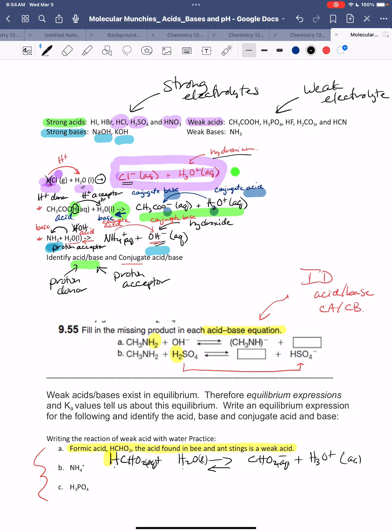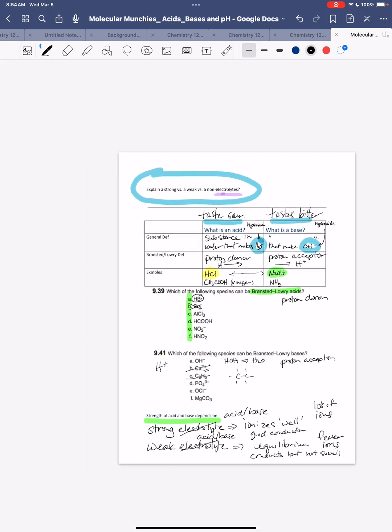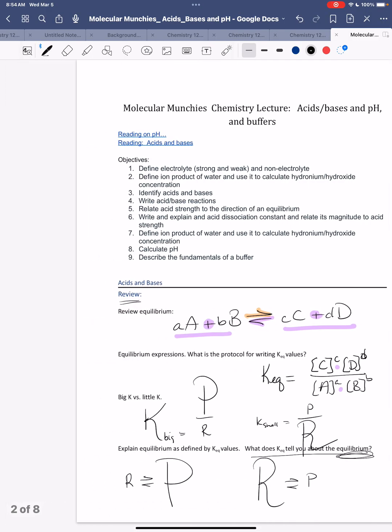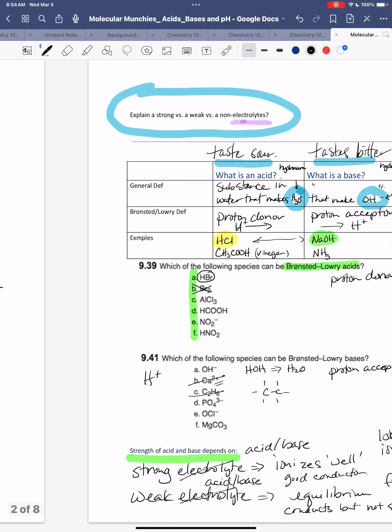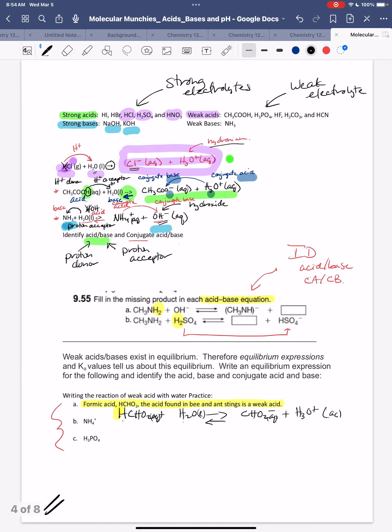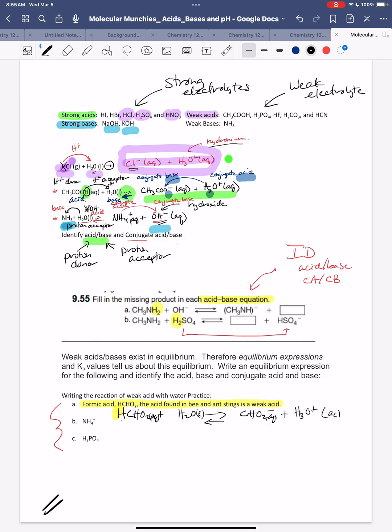So what we want to do is write an equilibrium expression for this. And that's exactly what we talked about earlier in this lecture, where we talked about what K is. Remember, it's products over reactants raised to their coefficients. I'm going to write it as a Ka, and the only reason I'm calling it a Ka is because it's an acid equilibrium.